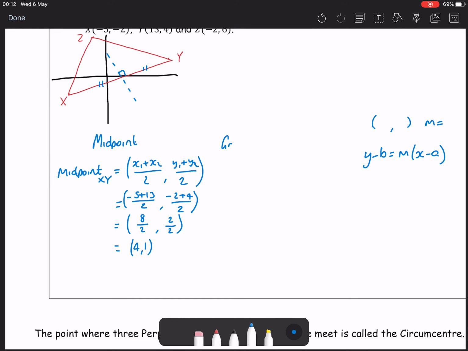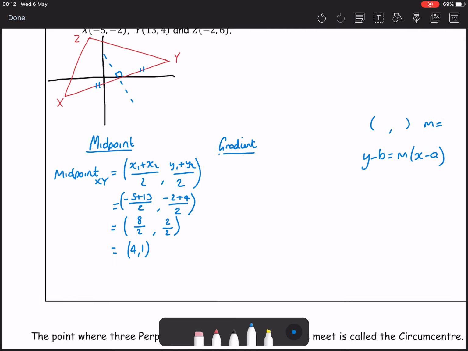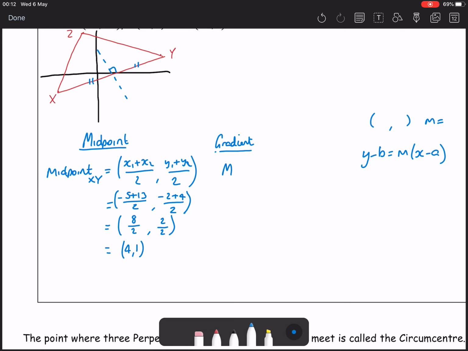And our gradient. So in this first instance we want our gradient of XY to then be able to work out the perpendicular.